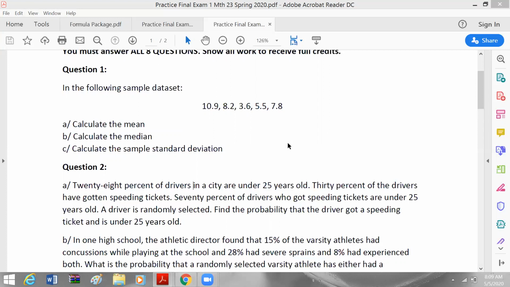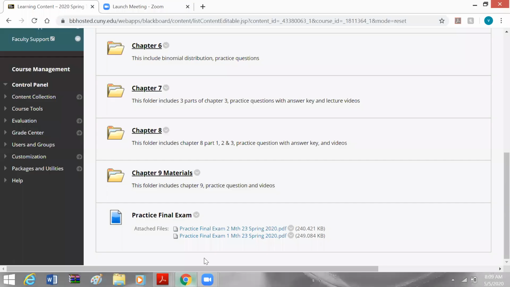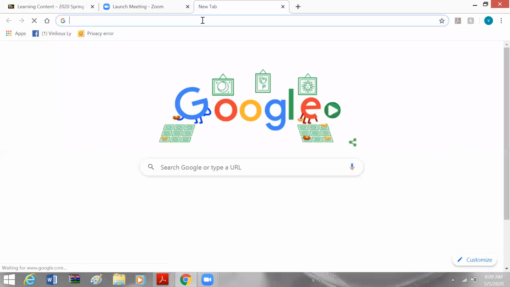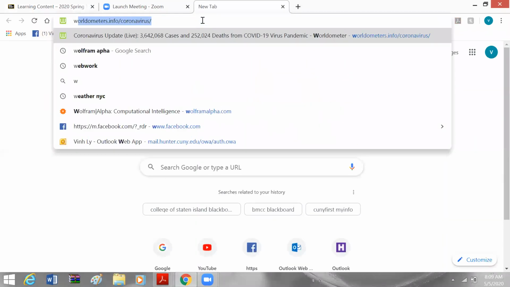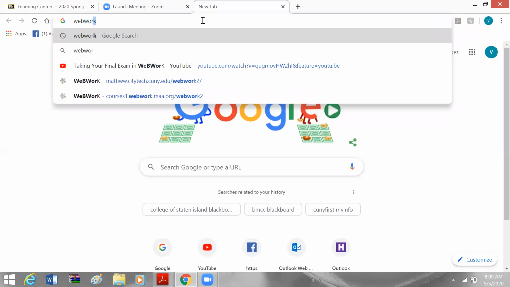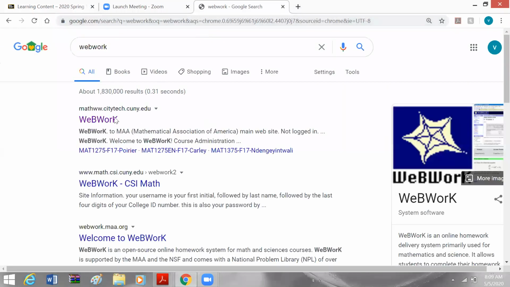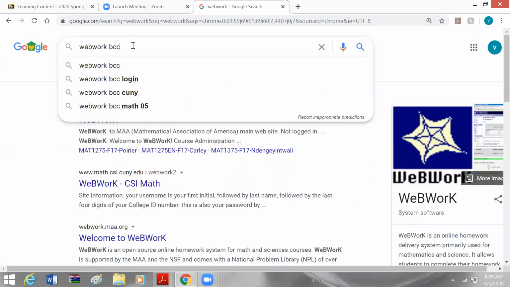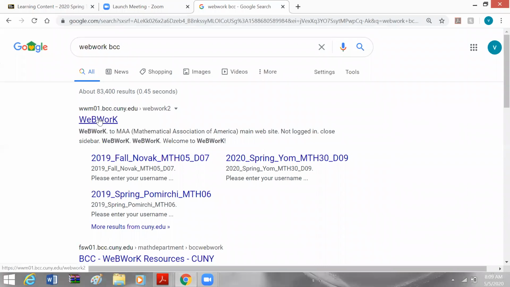If you've ever heard of WeBWorK, it's literally something that we have right here. For example, we type in WeBWorK and click on that, and it's there for BCC.